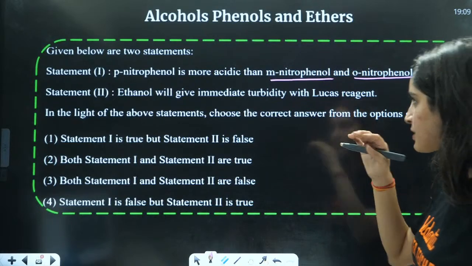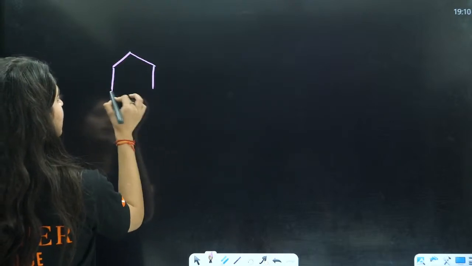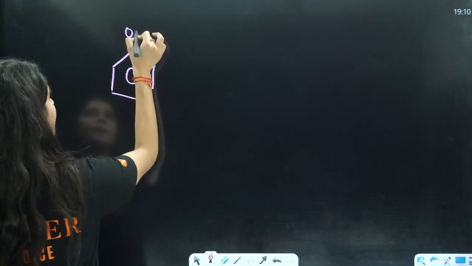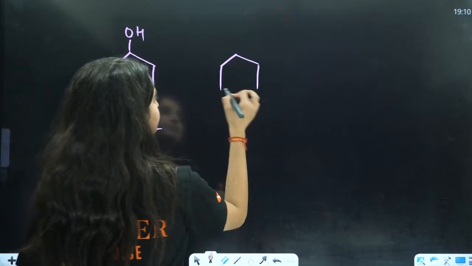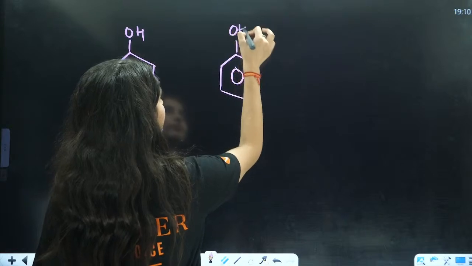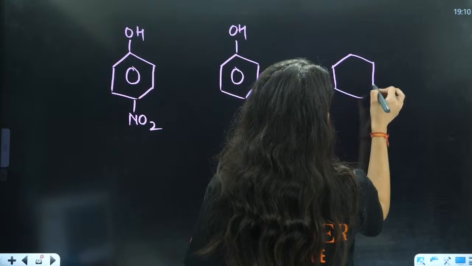So students, firstly let us draw the three things here. This is phenol. Para-nitro. Ortho-nitro. This is meta and this is ortho.